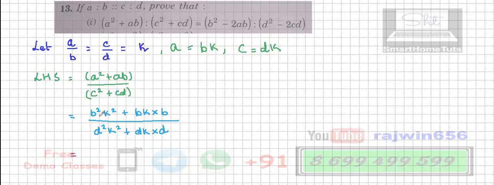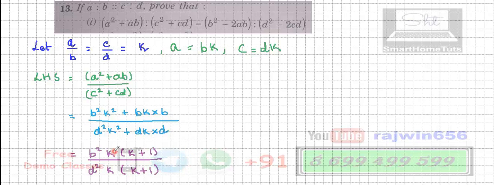This is B square K square and this is B square K. From this B square is common, K is common, and inside the bracket I get K plus 1. Divided by, here also D square K square and D square K, I'll take D square K common. Inside the bracket I get K plus 1.